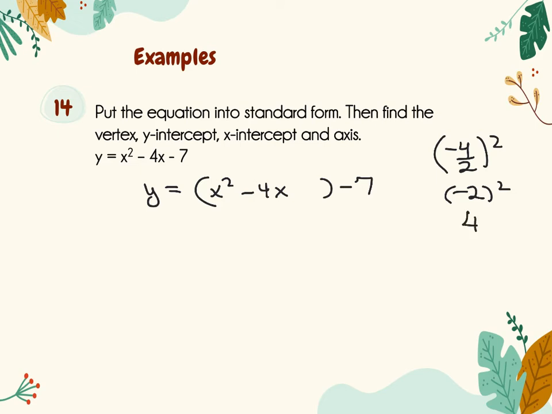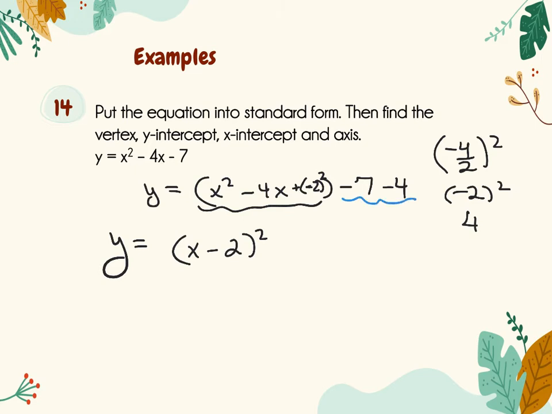That's what I should be adding into the parentheses and subtracting outside of the parentheses. And again, for the adding part, I'm going to show that I'm going to be adding negative 2 squared. I now factor the trinomial, and it factors into (x minus 2) squared. I will next also add the 2 constants, and I end up with minus 11.